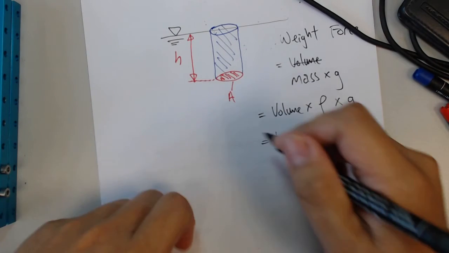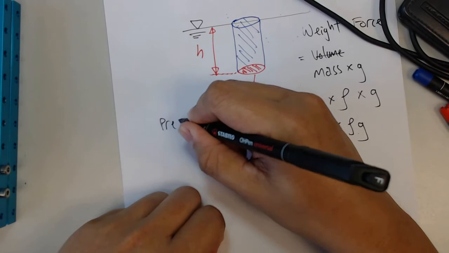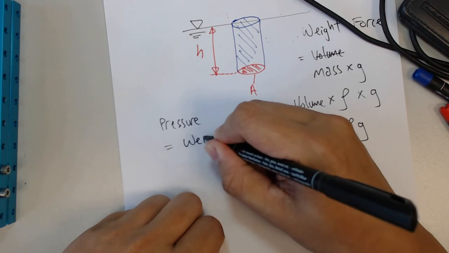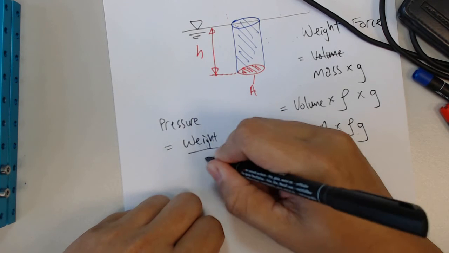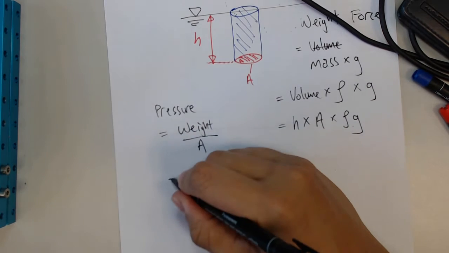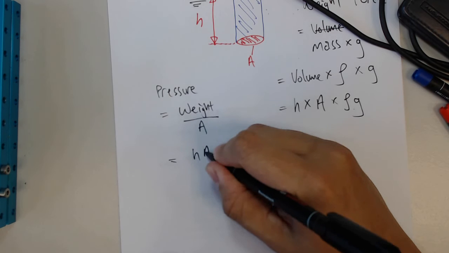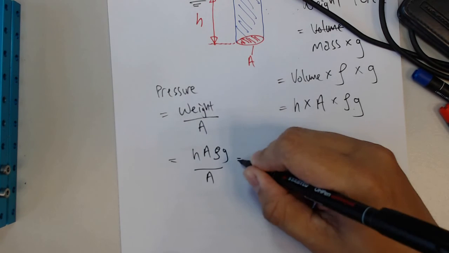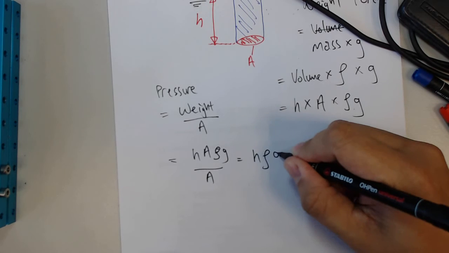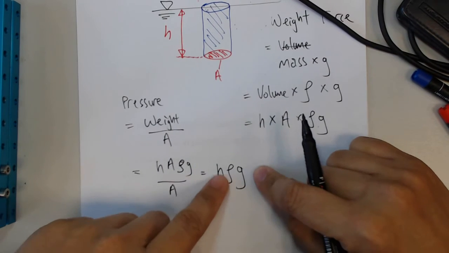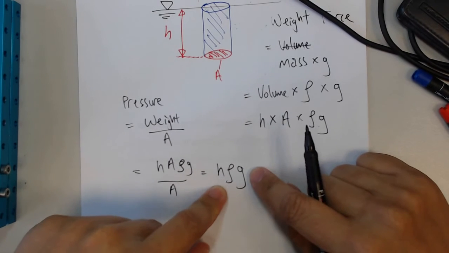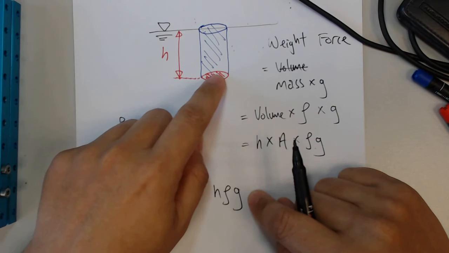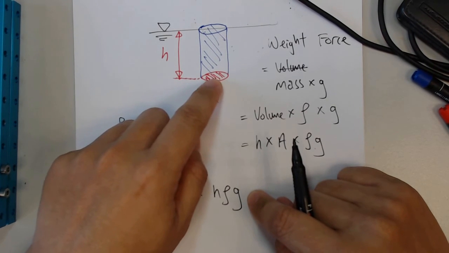So if you look at it carefully, the pressure acting on A is actually the weight force divided by A. So it becomes h A rho g divided by A, which will become h rho g. So this effectively is what we call the hydrostatic pressure, because this is the pressure acting at this point, at this level of depth.